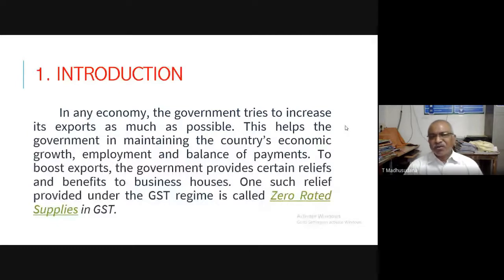Therefore, this is all about the zero rated supplies under GST. So I will brief within 2 minutes. In any country, exports are given more importance, because the more the exports, the better the growth and balance of payment.